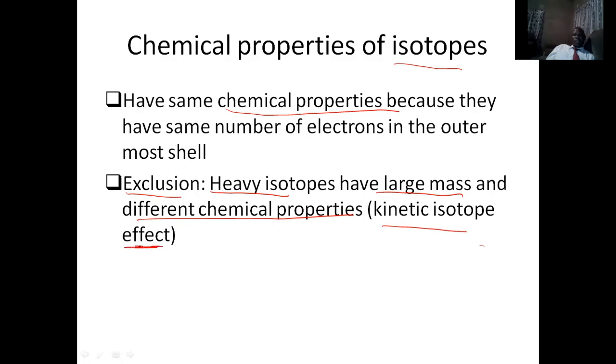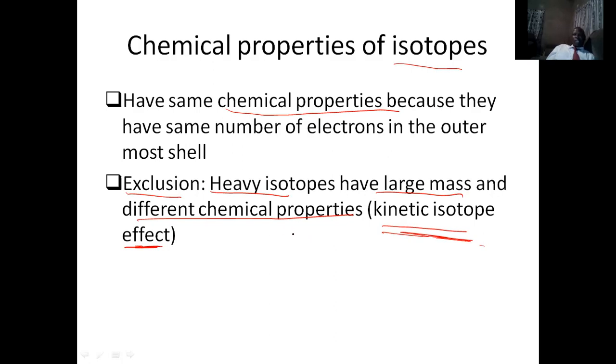That is where the same atom is reacted with another species with different isotopes, and you find that the masses of what is produced would be different. This is known as the kinetic isotope effect.